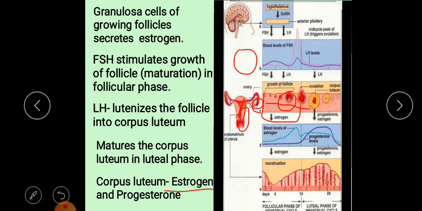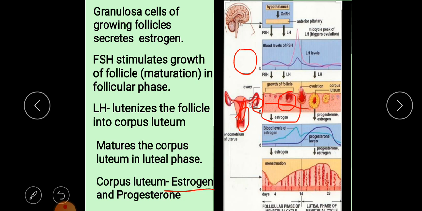For that purpose also, this estrogen plays a very important role. So, if fertilization takes place, then the estrogen plays a very important role in zygote implantation.